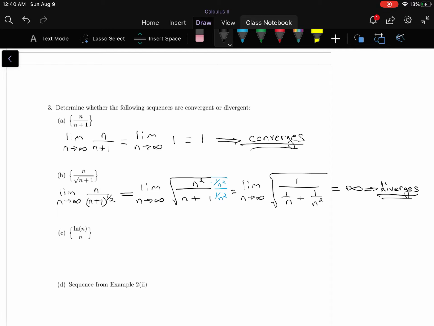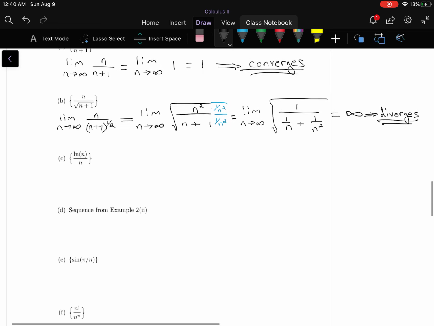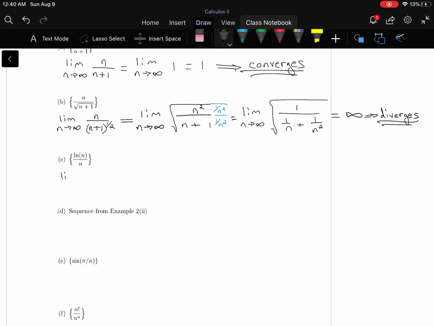Continuing, we've got part C, and we're looking for the limit as n goes to infinity of the natural log of n divided by n. As n goes to infinity, the natural log goes to infinity, and n on the bottom goes to infinity.